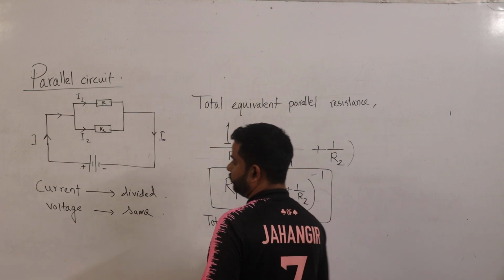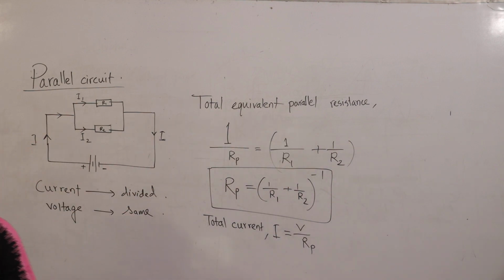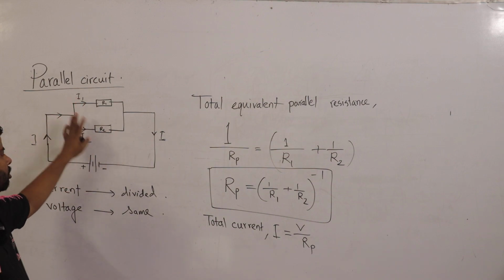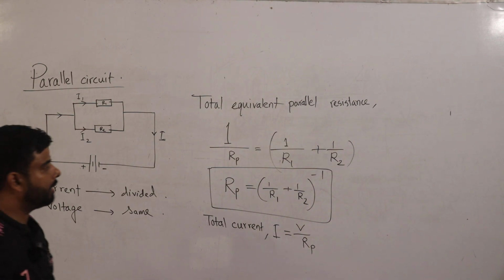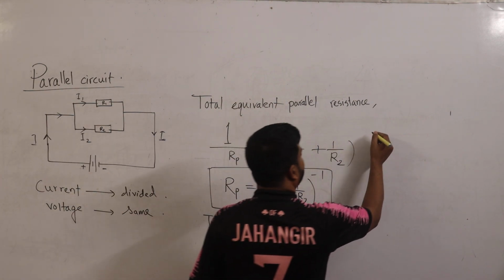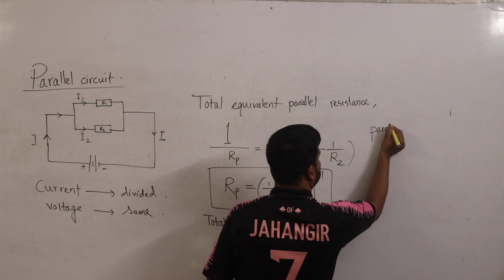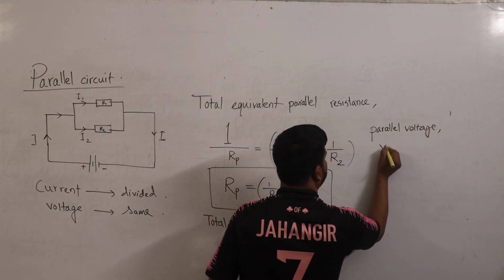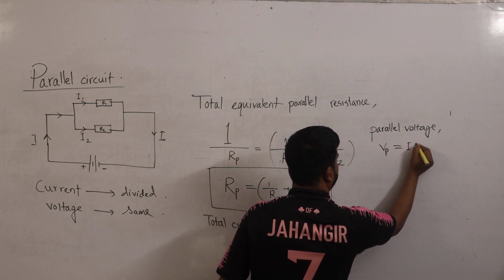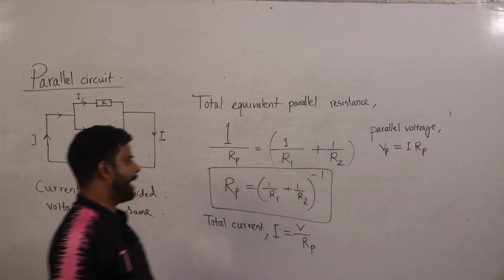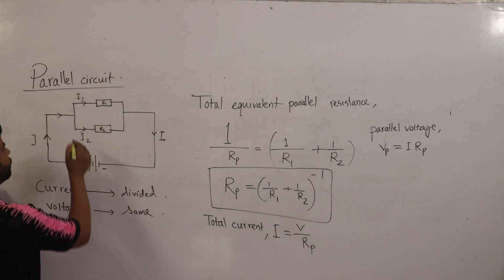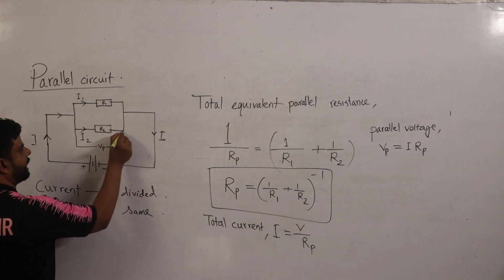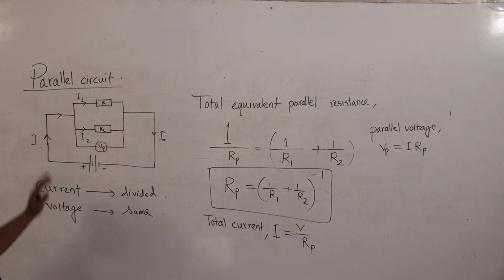Remember, to calculate the individual current flowing through each resistor or component, we first have to calculate the parallel voltage. So parallel voltage Vp equals I into Rp. In a parallel circuit, voltage remains the same, the same voltage as the battery.